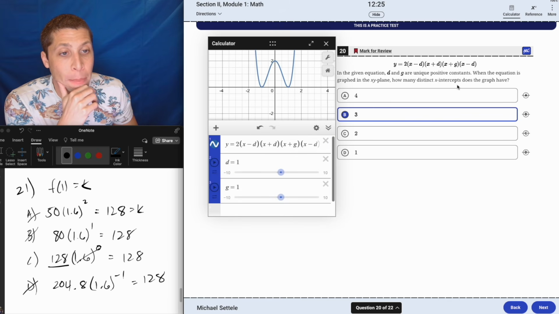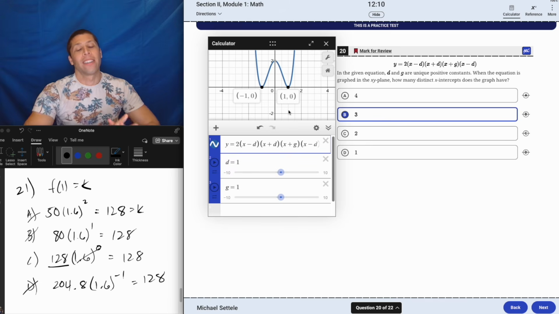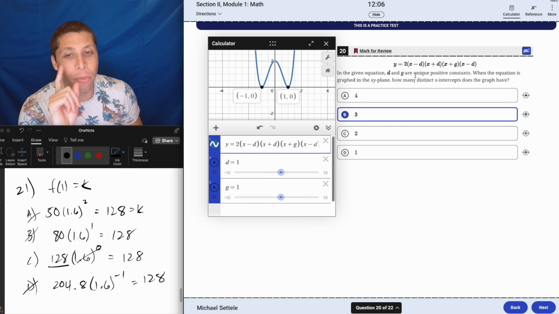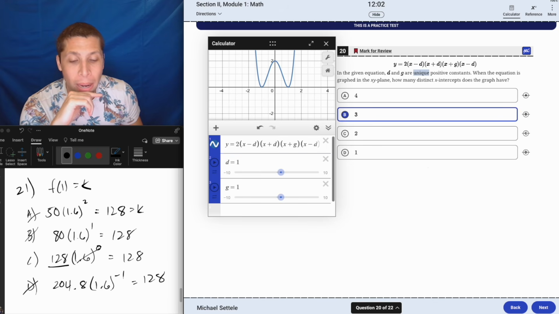So how many distinct x-intercepts? Now, this is what's sneaky, because it looks like it's 2. Ooh, Desmos might get it wrong here. Interesting. Now, the reason is that Desmos defaults to 1. But notice what it says here. They are unique positive constants.